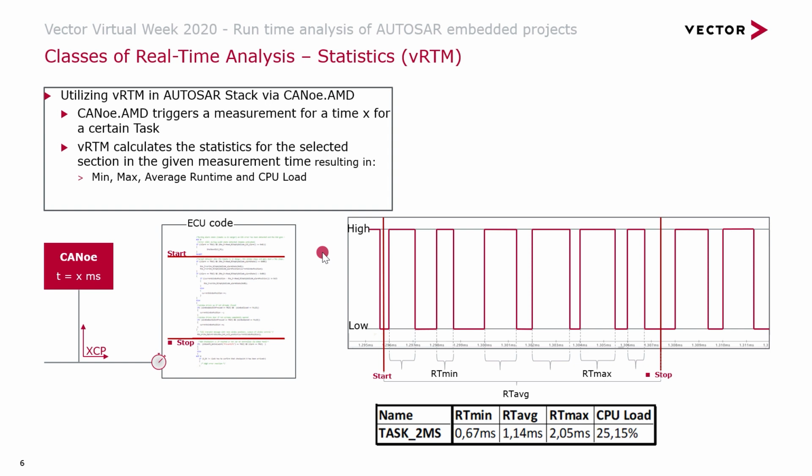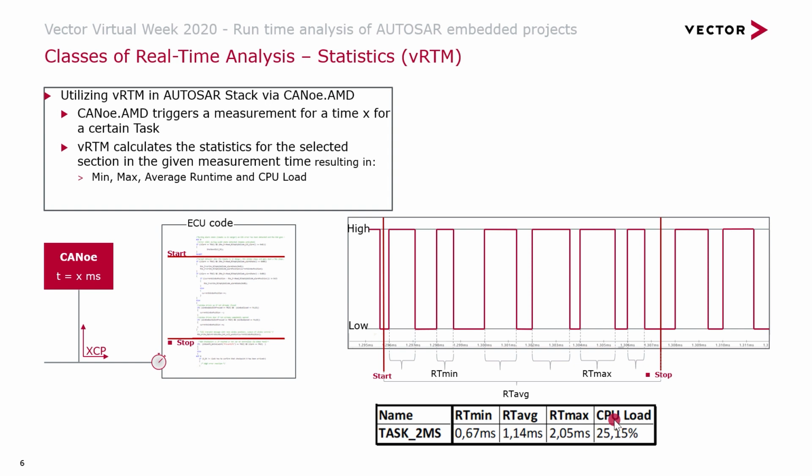The RTM then logs the runtimes on the target. So every time the task is activated, the runtime is logged. And at the end of the measuring period, it calculates the average value out of it. And it also puts out the minimum and the maximum runtime, as well as the CPU load that has come up within this time frame.